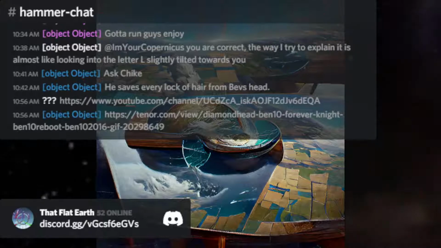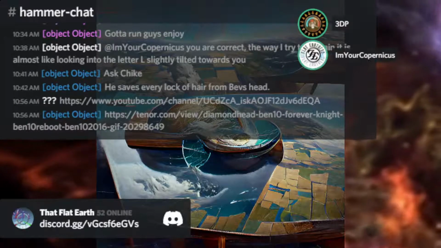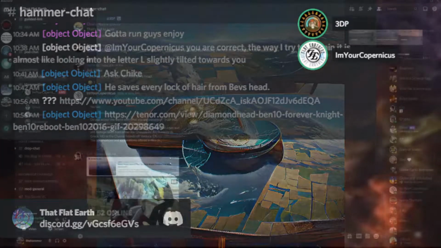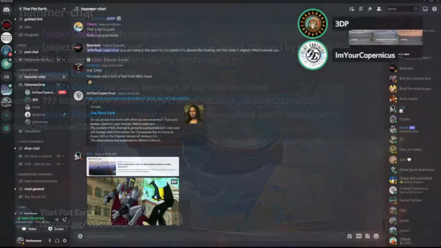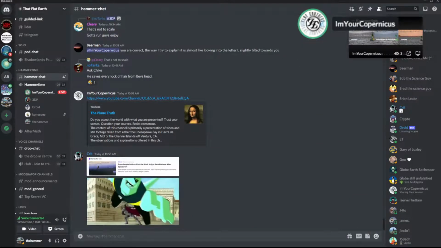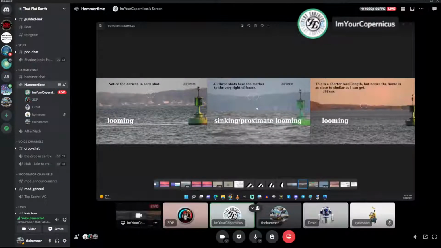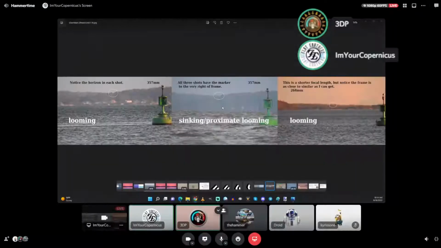So looming for the heliocentric model is a lifting up of the surface. So here is curvature. In here, this is refraction. This is looming. It's basically flattened out the curve. Does that make sense?